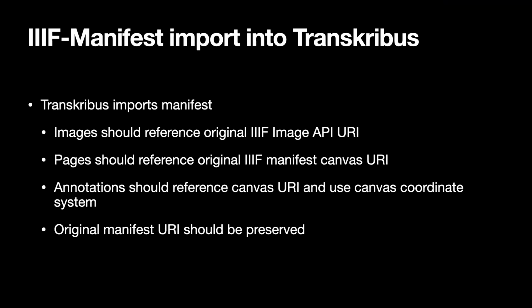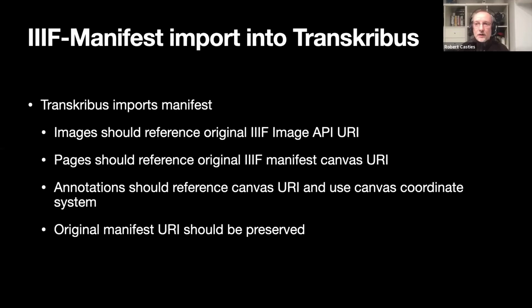But what we would like to have is that even inside Transkribus, the images should somehow keep their connection to the original image API for the images themselves. And additionally, and perhaps more importantly, the pages should reference the canvas URI in the IIIF manifest.